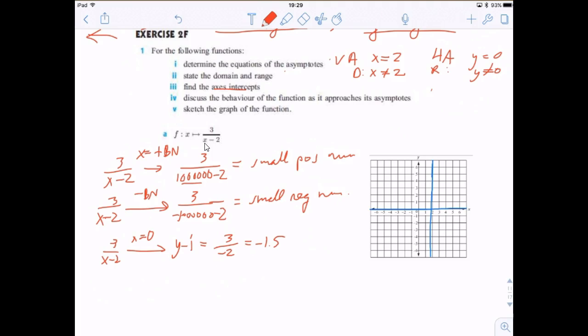What about the x-intercept? The x-intercept is just the opposite. You take y equals 3 over x minus 2, and we're going to substitute in y equals 0, and that's going to give us the x-intercept. It's a little bit more tricky because we're going to have to solve for it with algebra. Okay, so we have that, and then if I multiply both sides by x minus 2, I just get 0 equals 3, and that would be nonsense.